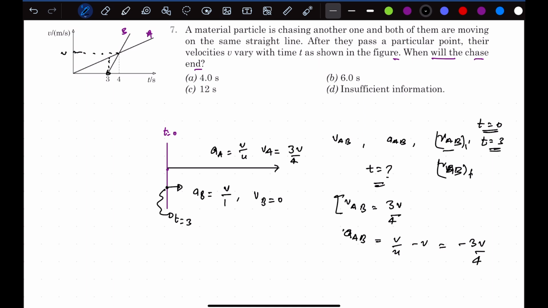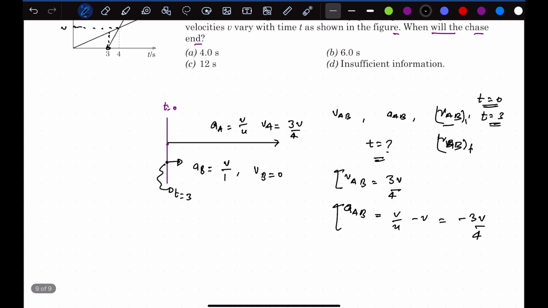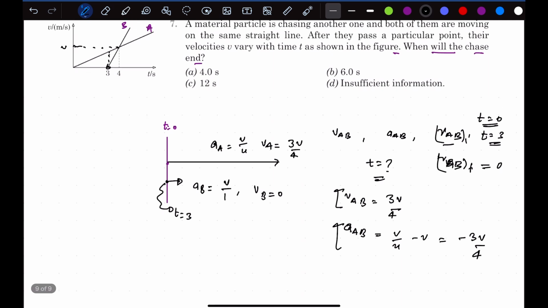Let us also find out the relative displacement when A finally catches B. At that point the final relative position will become 0. The initial position is basically the area under the curve, right? Area under the curve in the diagram gives us the displacement in that time period.